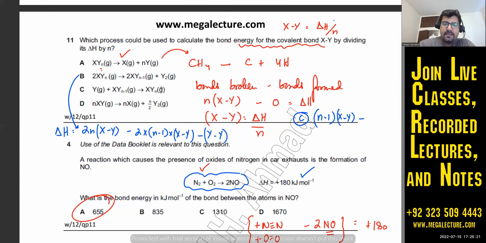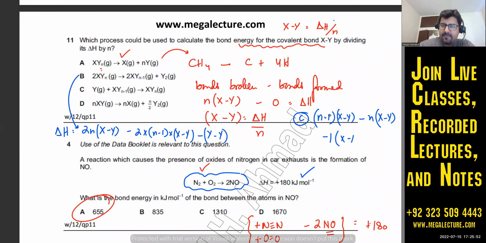Minus N times XY, and that's going to be equal to enthalpy change. So tell me, what would this simplify to? N will cancel out because N into X. What would this simplify to? What will be left is minus 1 times XY bond energy.